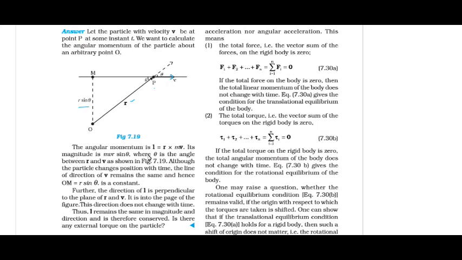Now the angular momentum L is equal to r cross mv. Its magnitude is mv r sine theta, where theta is the angle between r and v as shown in figure 7.19. Although the particle changes its position with time, the line of direction of v remains the same, hence OM equal to r sine theta is a constant.